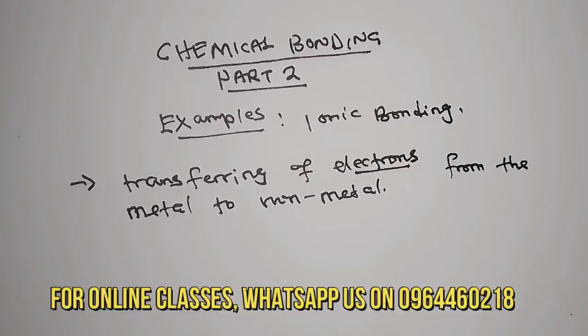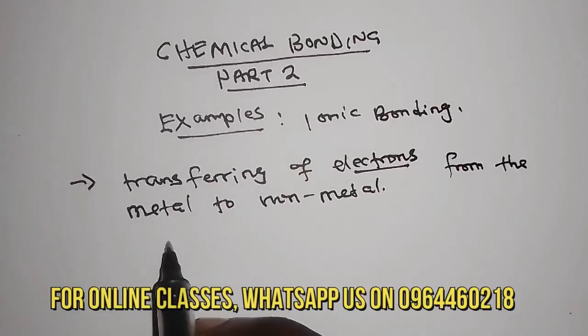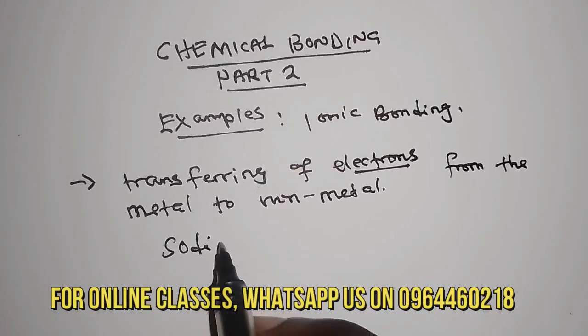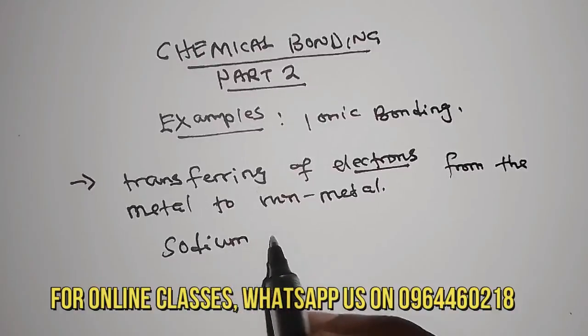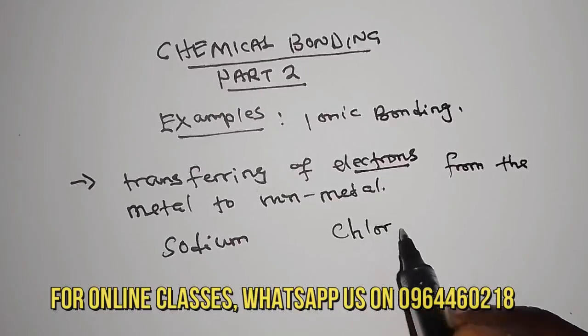So you have to understand that this is going to be about the transferring of electrons from metal to non-metal. So, for example, you are going to have sodium and chlorine.